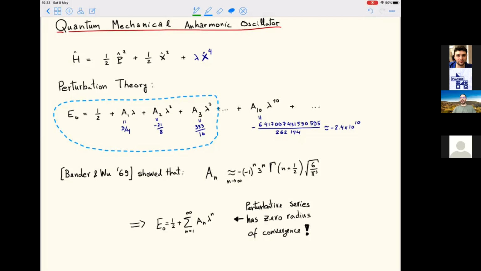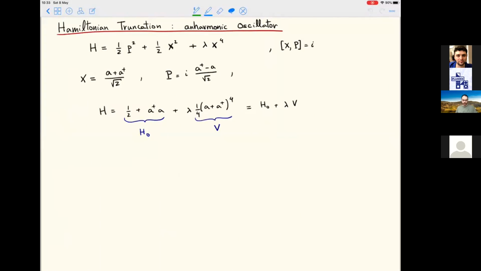So I want to tell you another way to solve this problem. There are many ways, this is quantum mechanics, so we know how to do it, but I want to tell you another way which is useful in quantum field theory. This way is called Hamiltonian truncation. The idea is extremely simple.